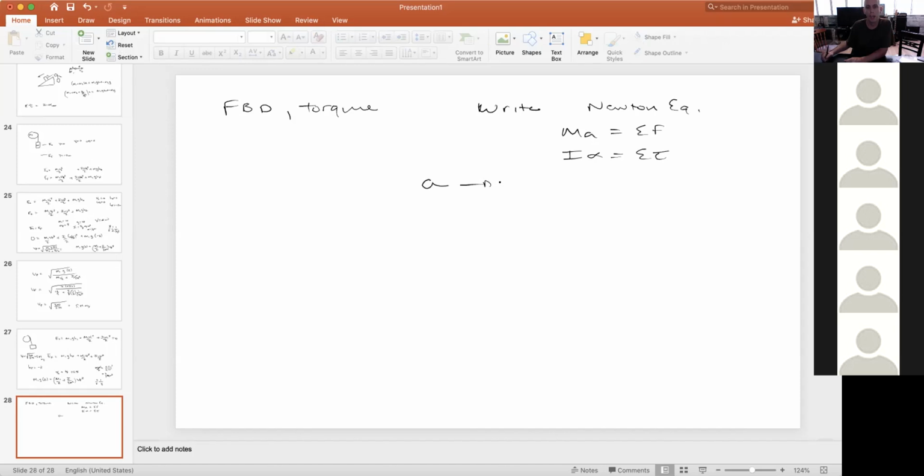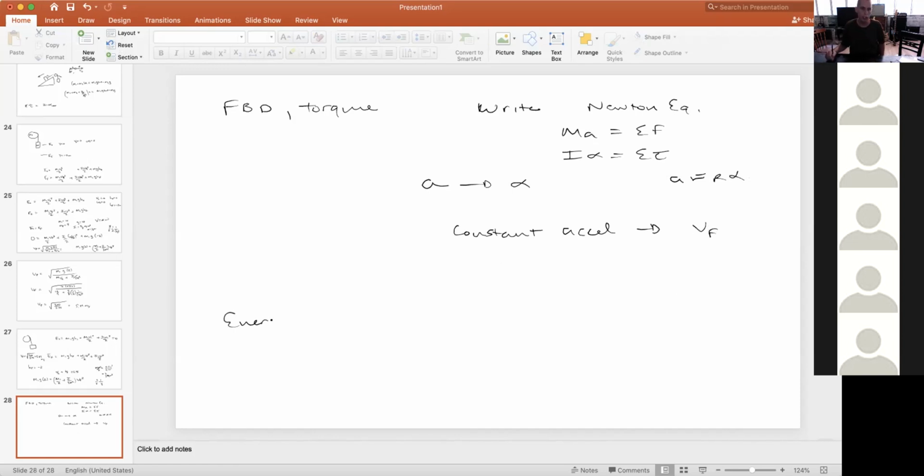Somehow get A to alpha or alpha to A using A is equal to R alpha, either way, and then use constant acceleration to get V final, let's say.